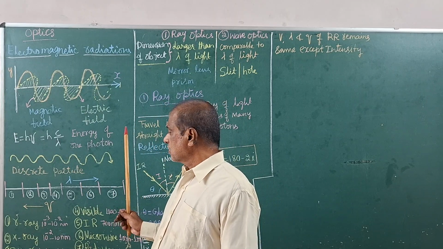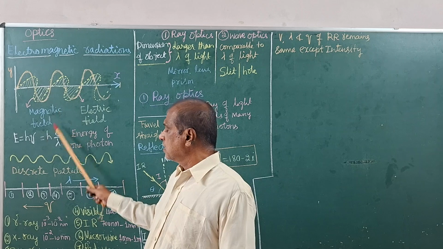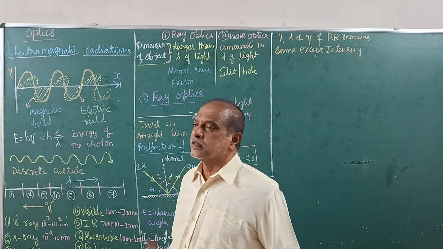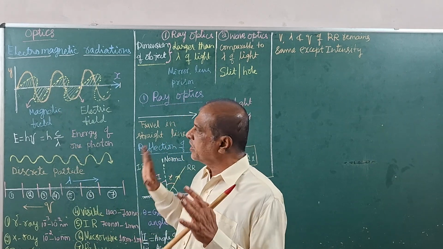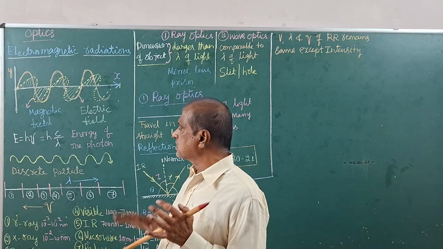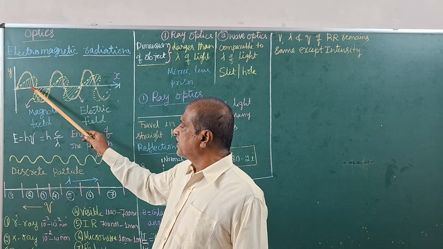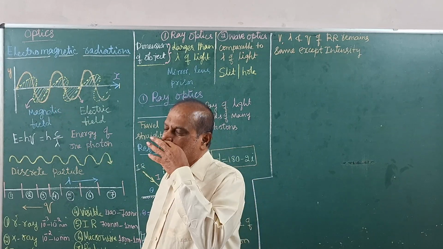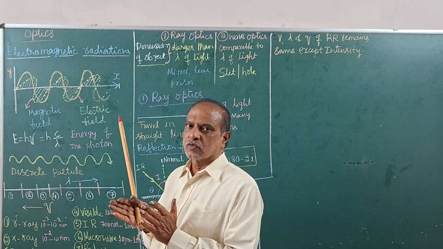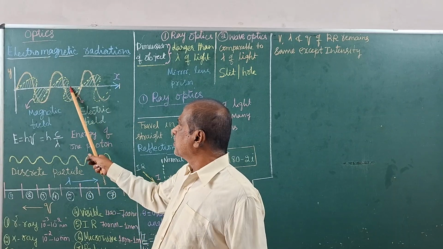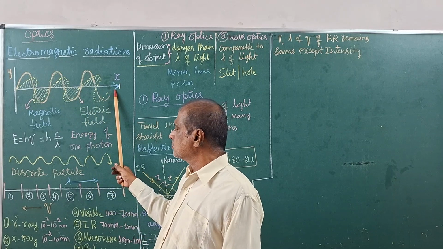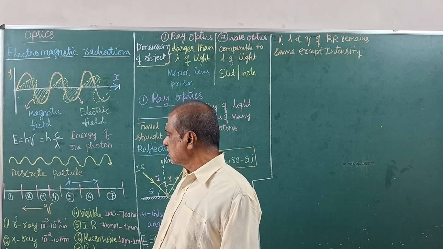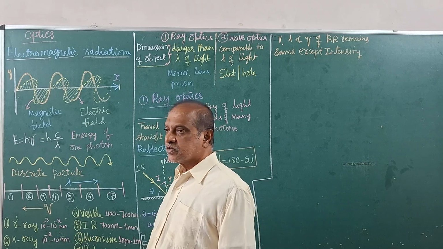Classification depends only on the wavelength or frequency. All radiations are the same: oscillation of electric field and magnetic field, always coupled and traveling perpendicular to each other. The difference is only wavelength or frequency.